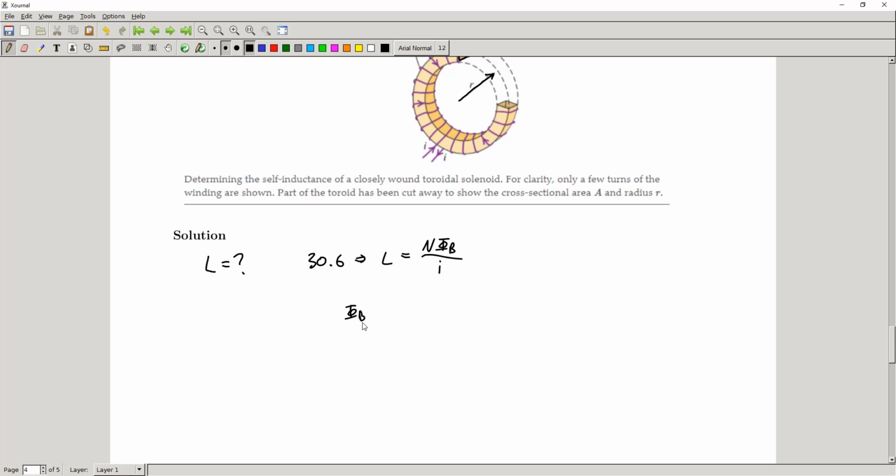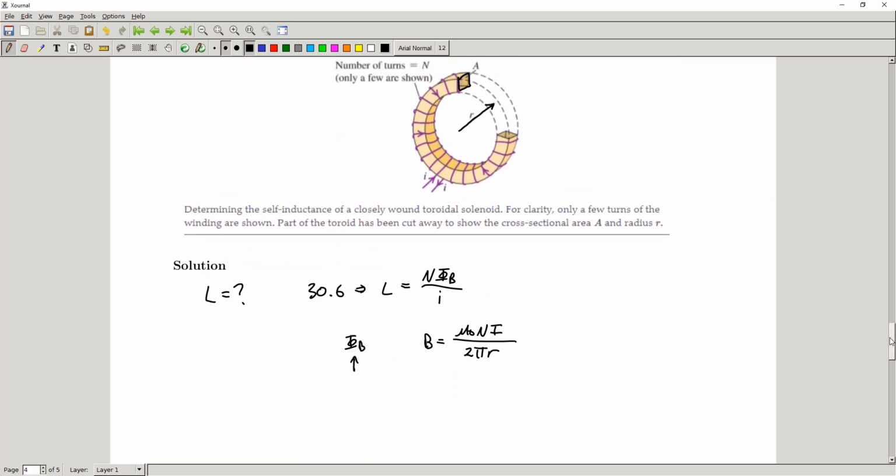We can go back and certainly look at that, but to be able to get this, we first need B. We need the magnetic field inside this toroidal solenoid. That's the value we would have calculated in 28.10. If we do that calculation, we find mu naught N i over 2 pi r, where these variables are exactly the variables that we've labeled above.